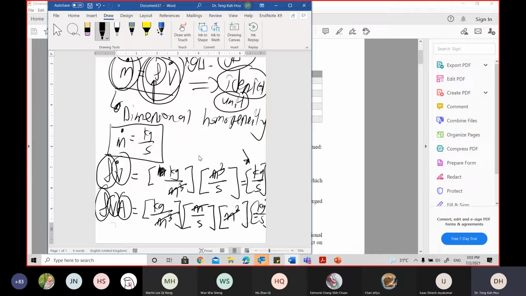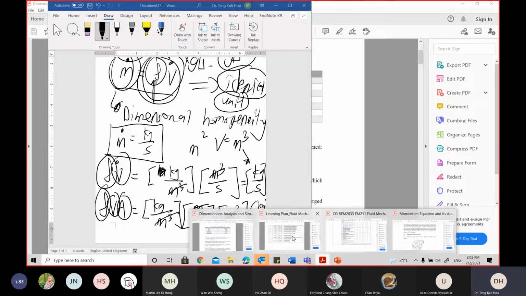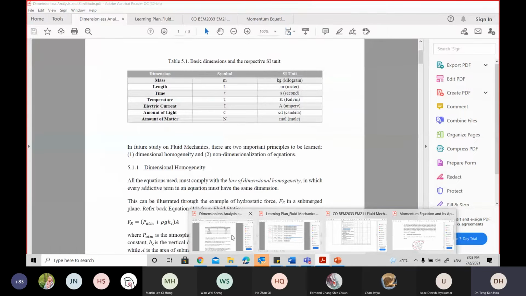When you talk about area, I know the reference is meter squared. When I talk about volume, the reference is meter cubed. So you need to recap all your physics understanding.